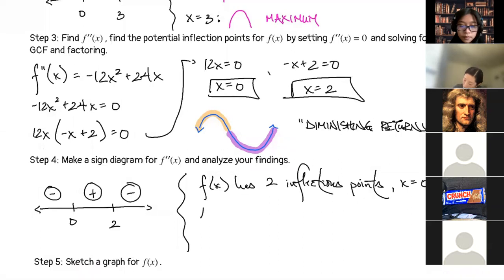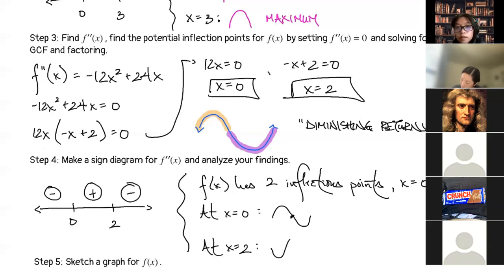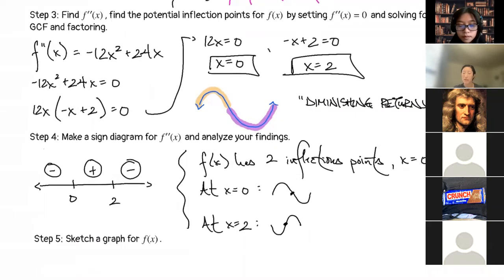At x equals 0, it should look something like this: concave down to concave up. At x equals 2, it's going to go concave up to concave down. So negative means concave down, positive means concave up.